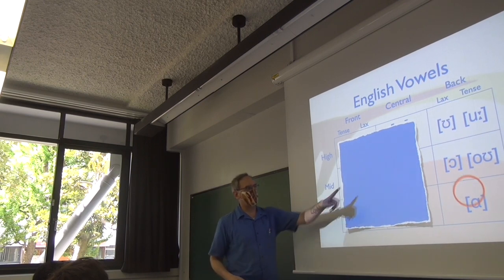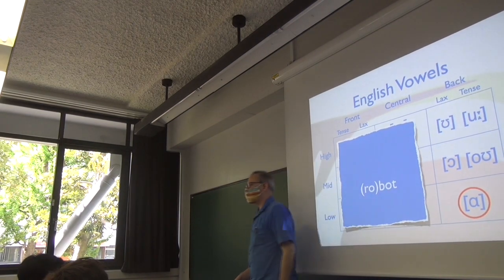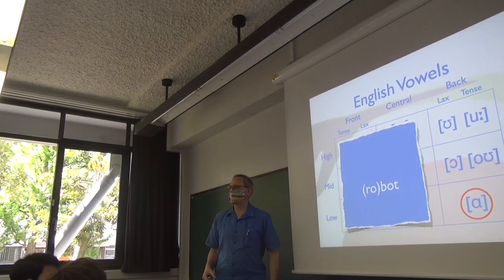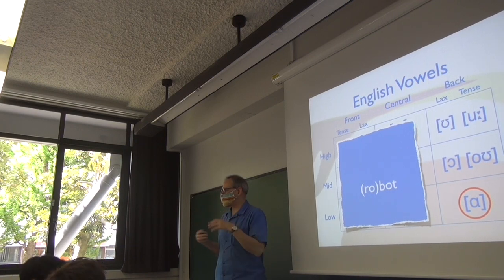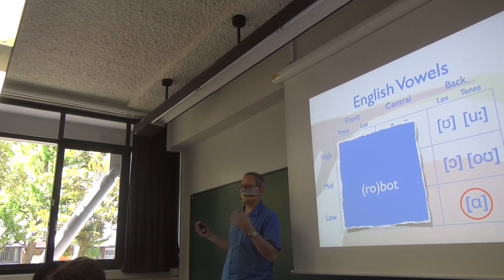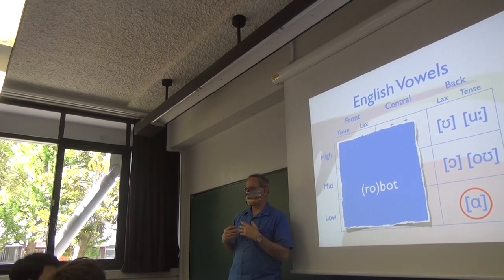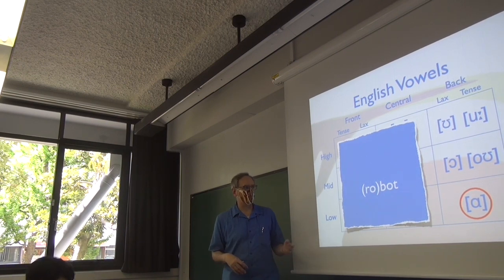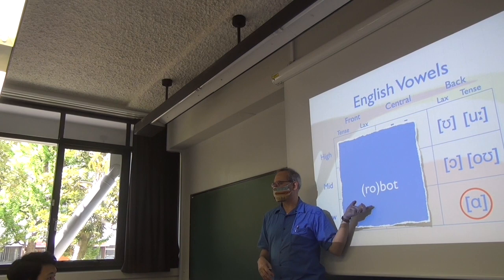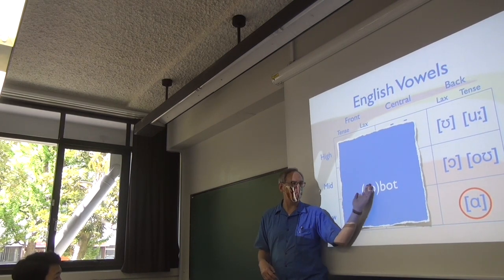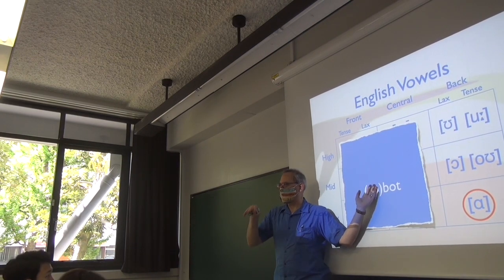Okay. So ball. And then this would be the vowel that we have in bot. Recently the internet has bots. That kind of automatic software that appears to be a person, but it's an automatic bot. It comes from the word robot, but it's simply called a bot. It's a low back vowel.